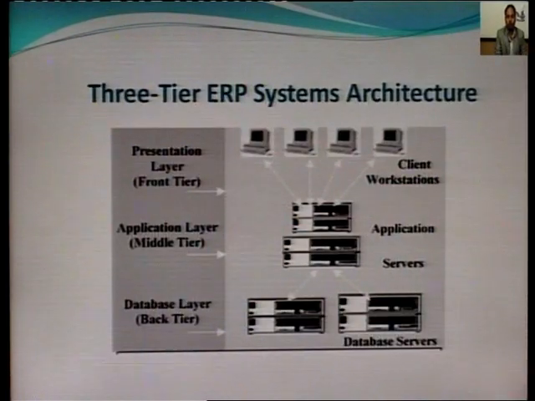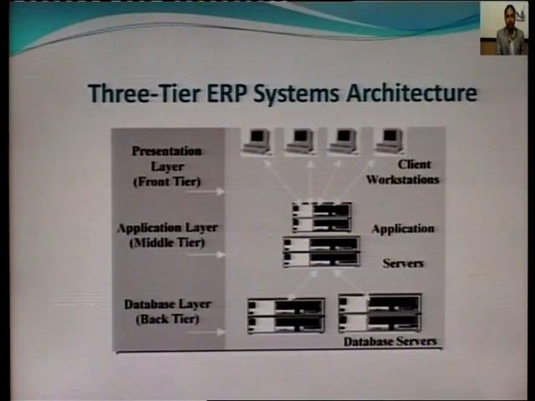An ERP system has a three-tier system architecture. It has client workstations, application servers, and database servers. Database servers are the database layer. It is also called the back tier. And application servers are the middle layer. This is called the application layer.